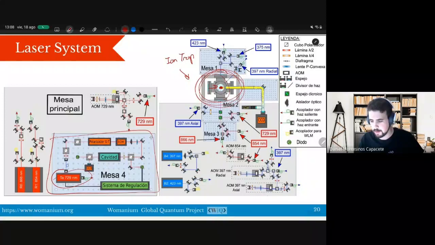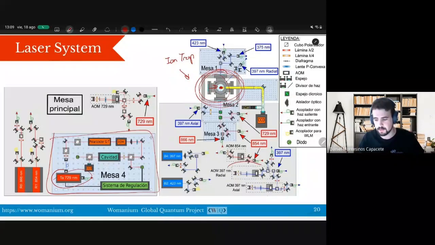We have various of them. We have one here, one here, one here, another one here. Basically, this is an electronic device that makes us able to change the frequency of the laser, and also to control the time of the pulse.